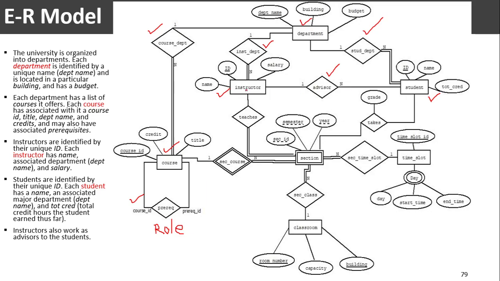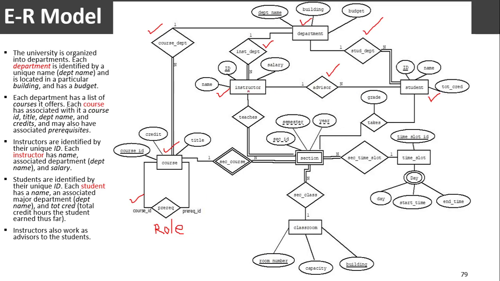So one instructor may be associated with more than one student, but one student has at most one instructor. It is not total participation because it may happen that a few of the students are not associated with any advisor. So this relationship set advisor is 1 to n from instructor to student.